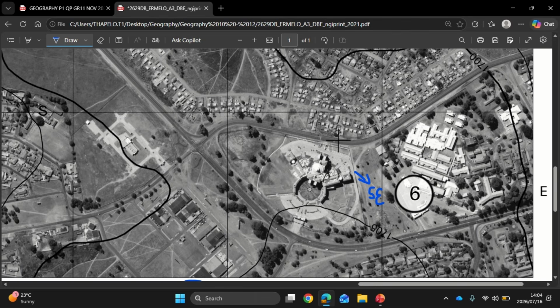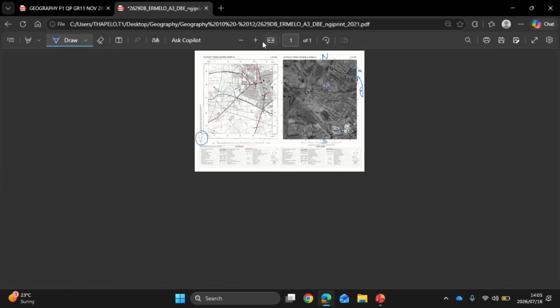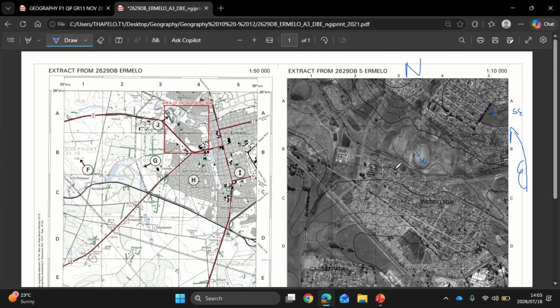So with that said, we can conclude that the shadows on this map lie towards the southeast.